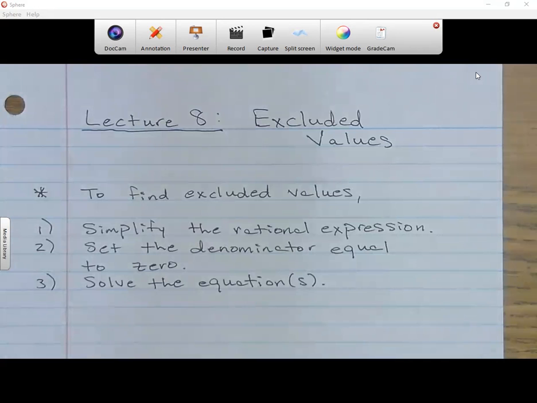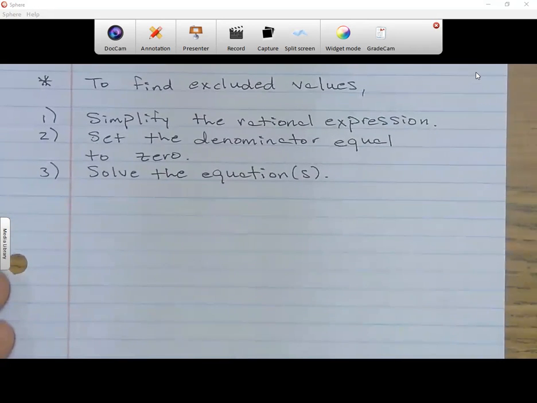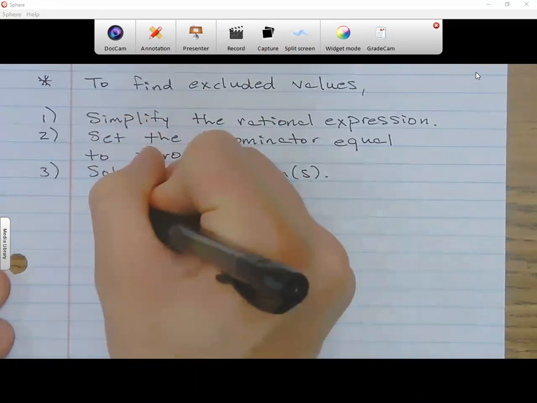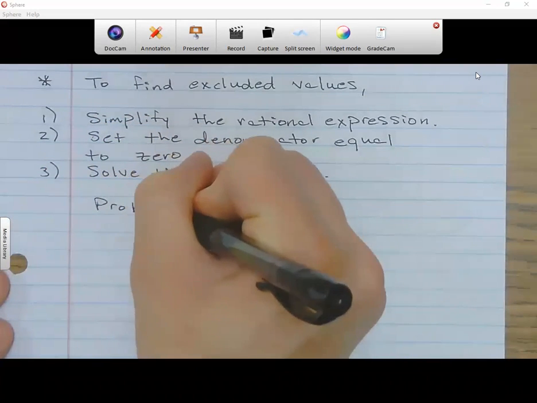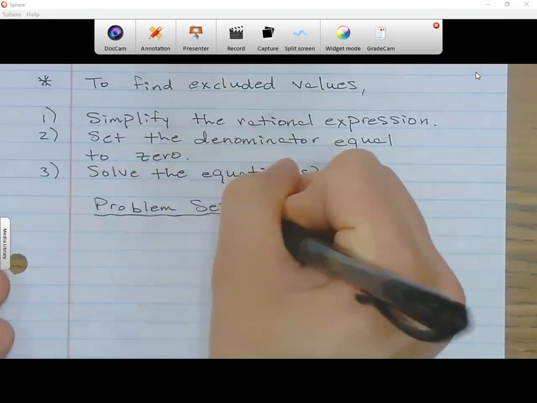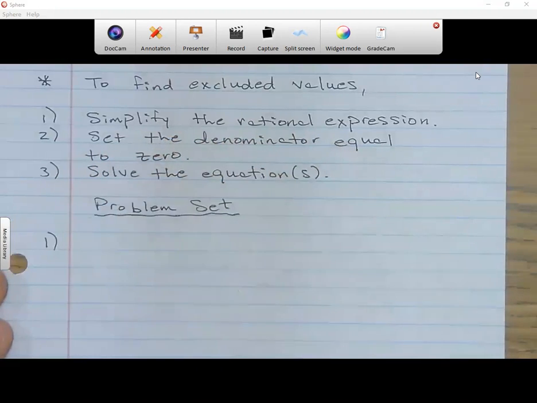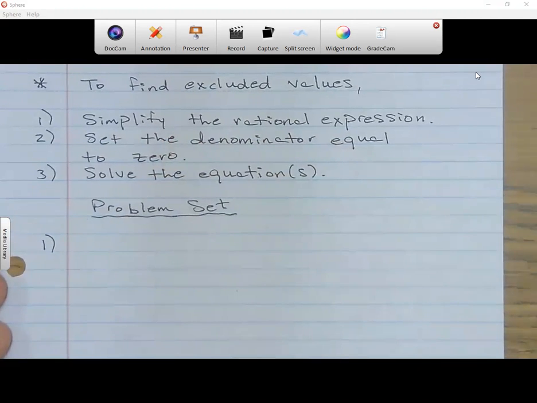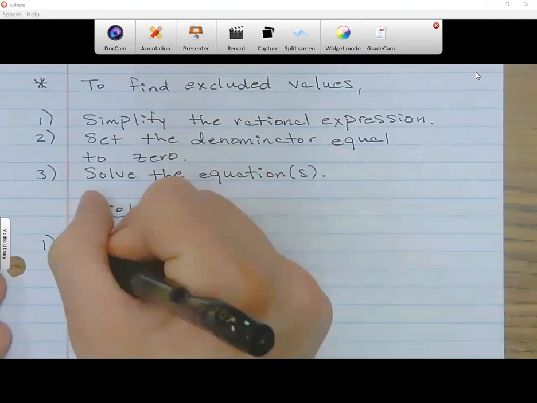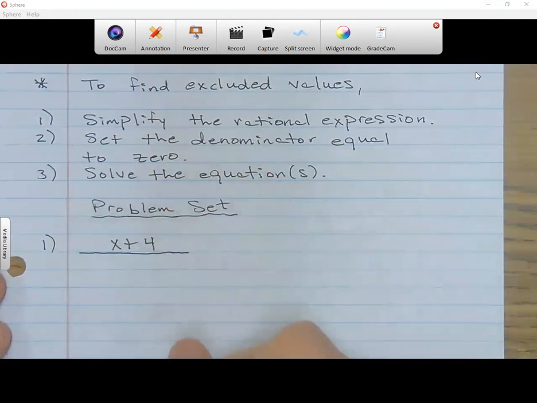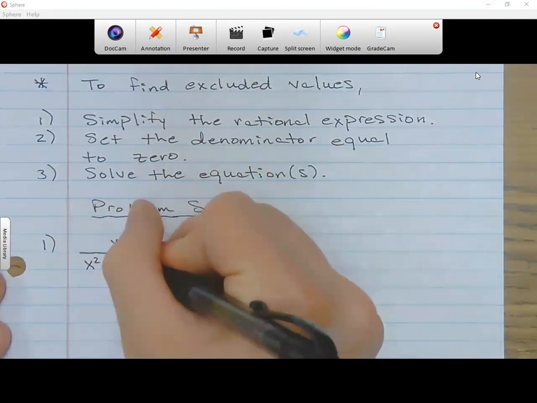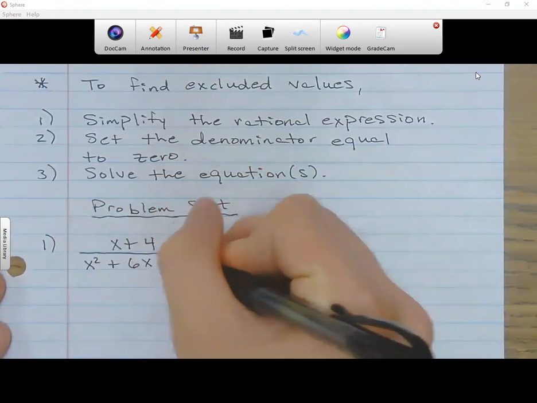All right, let's look at number one. Number one is x plus 4 over x squared plus 6x plus 8.